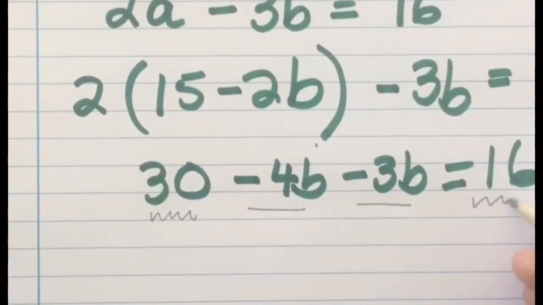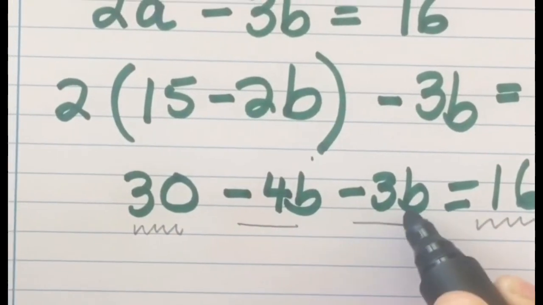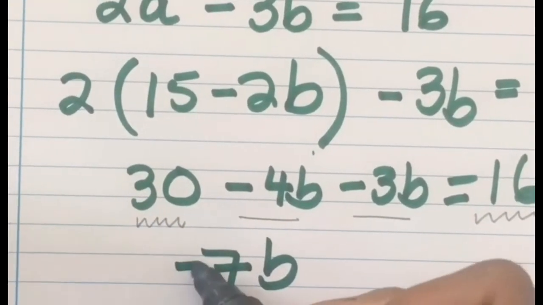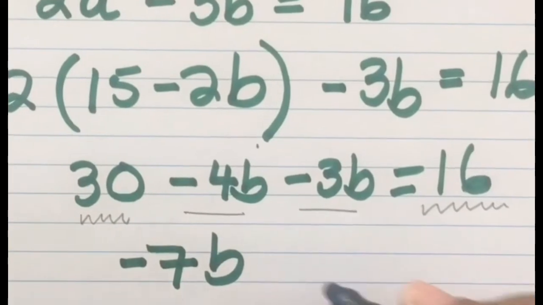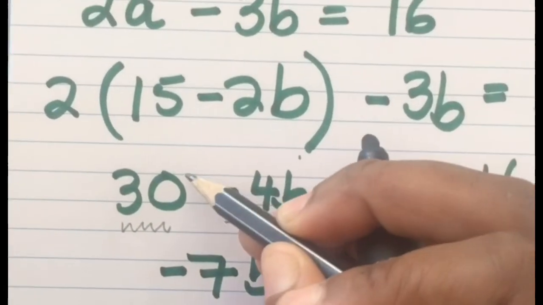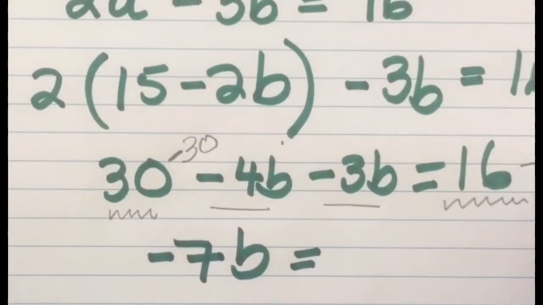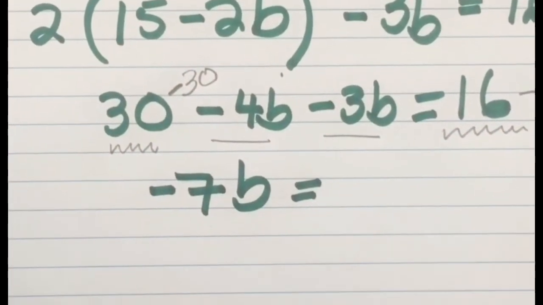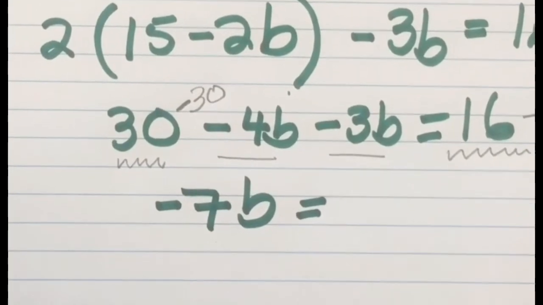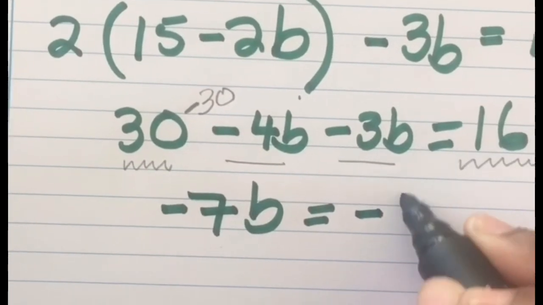So negative 4b minus 3b gives me a total of negative 7b, which is equal to, but I need to take away the 30 from this side, so it must go to the other side. So I say 30 minus 30, then 16 minus 30. The reason I'm doing that is I want to make sure I group my like terms. So 16 minus 30 gives me negative 14.